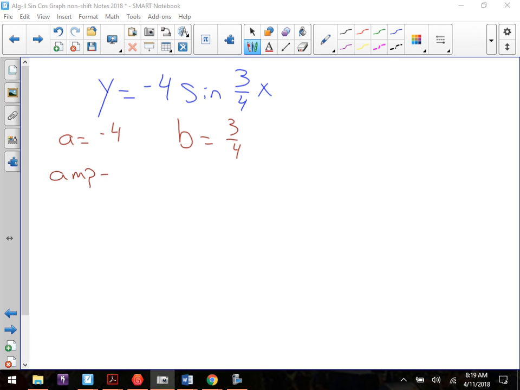Your amplitude therefore becomes 4. Your period will be 2 pi divided by 3/4, which is 2 pi times 4/3. So it's 8 pi over 3. Okay. Now, a quick reminder on fractions, and this is what most people start going.